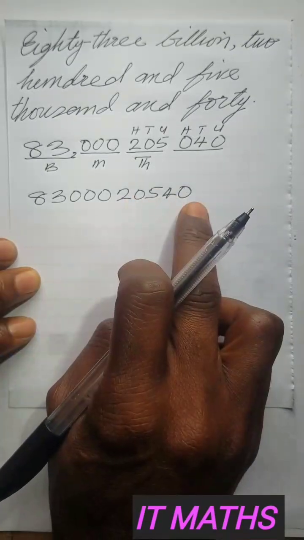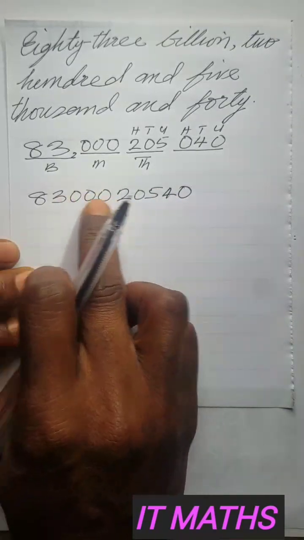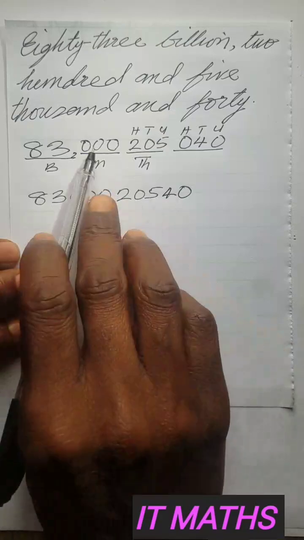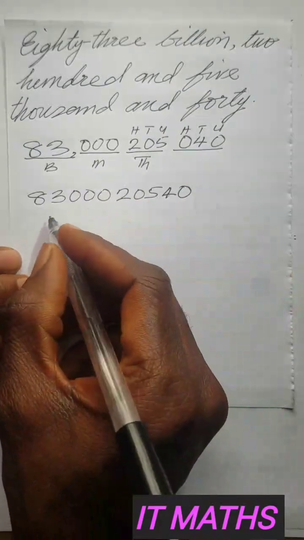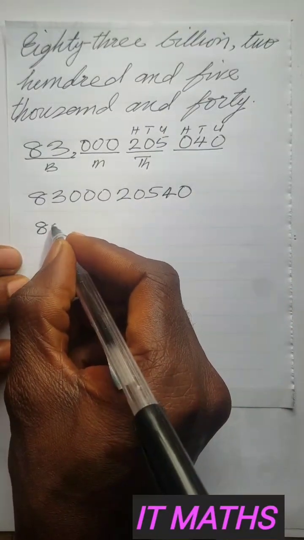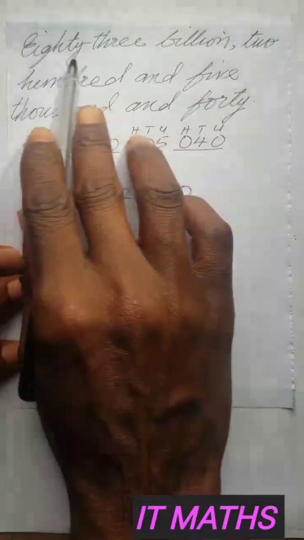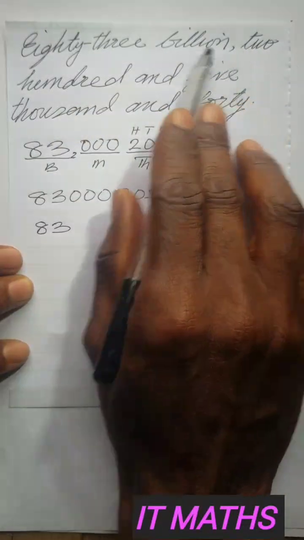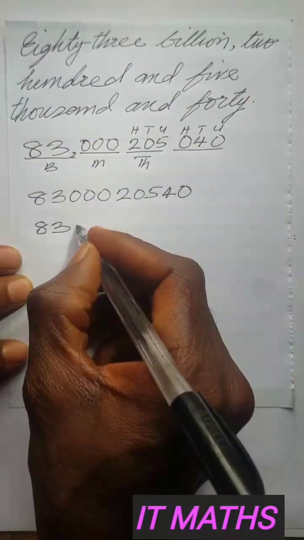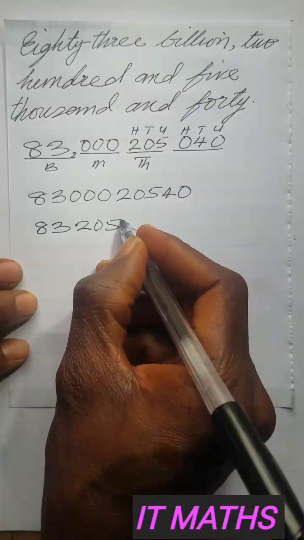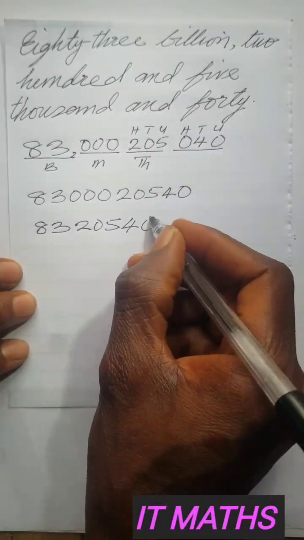You'll be distorting this number. Even with this, notice how we skipped the million. The common mistake students make is after writing 83 billion, they now see 205,000. They write 205,000 here, and 40, and they write 40 here.